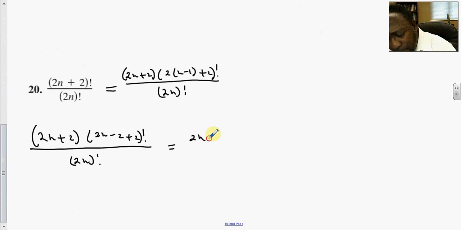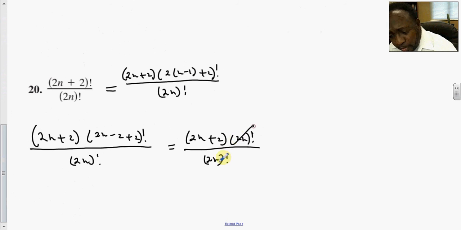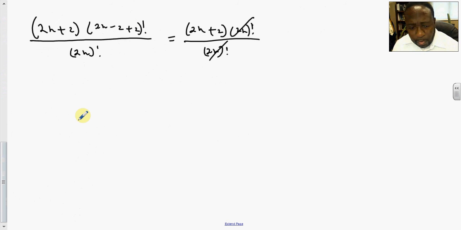So this is 2n plus 2 times 2n factorial all over 2n factorial. The 2n factorials cancel out. So we have left here 2n plus 2.